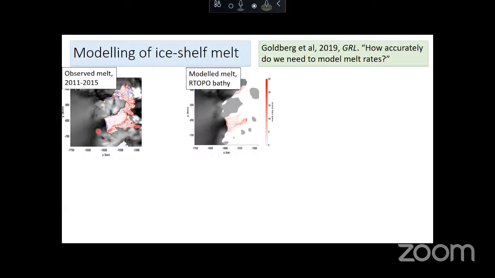So the main result of this study was that the bathymetry that we use in our ocean models underneath the ice shelves is very, very critical. The up-to-date product at that time, RTopo, didn't really resolve the bathymetry under these ice shelves very well. And as a result, the modeled melting from the ocean model looked not very good.